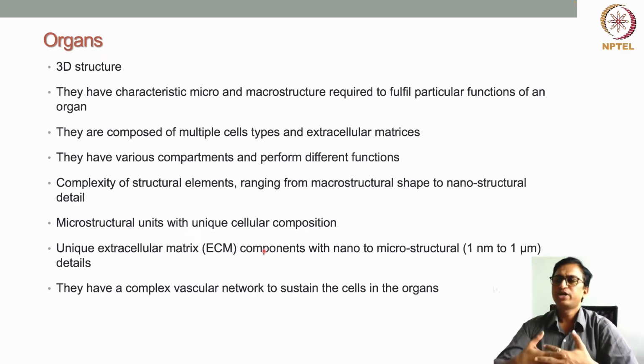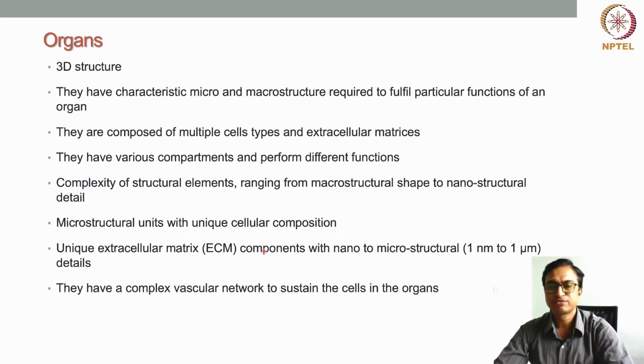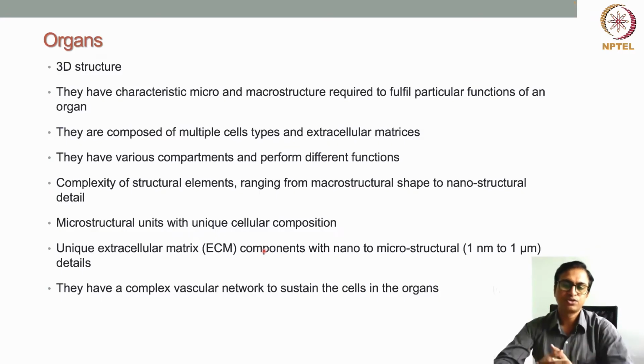Also, in our body, we have a very large and very complex vascular network, by which most of the cells in our body get nutrition and oxygen, and the waste products are washed away from the cells. So the vascular network is the driving force of all of our body's functions, for all the different tissues and organs. Because of the vascular network, all the different organs can sustain.